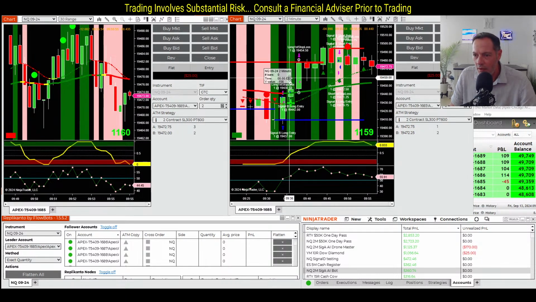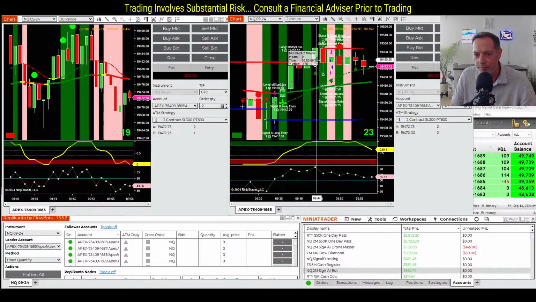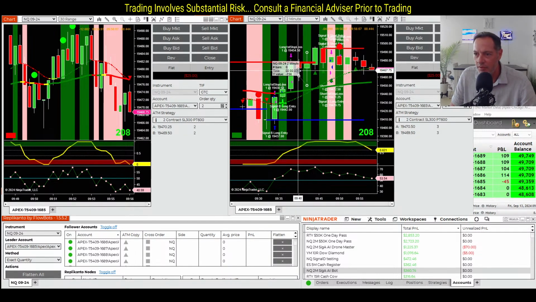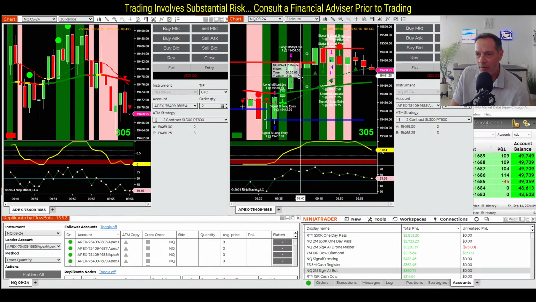And our goal is to filter out any 2 minutes that don't have enough movement in price for us to make money. So that new filter, this price velocity filter, will give you the opportunity to set your own criteria. I'm messing around right now. I think 150 is probably a better number than 100 ticks.